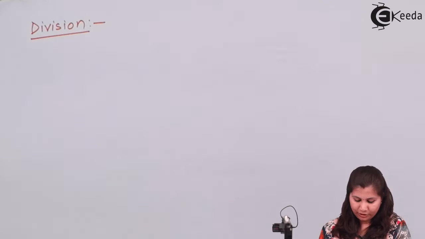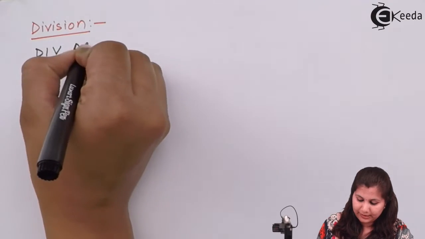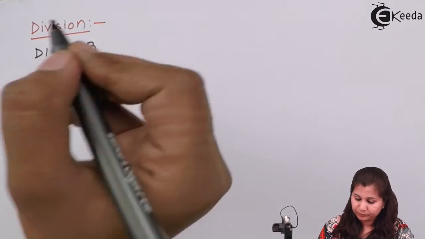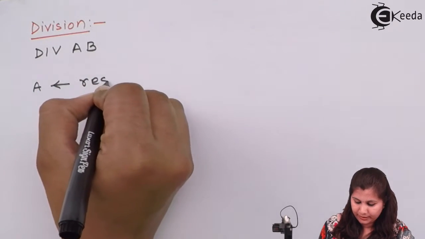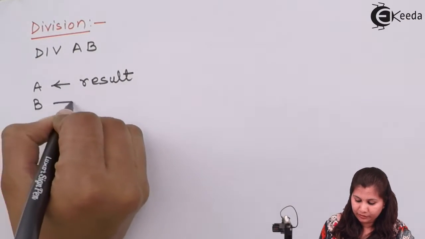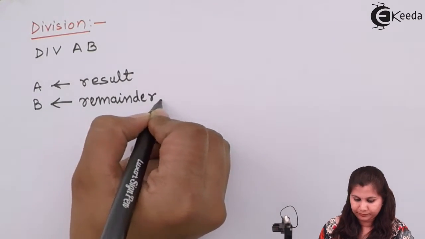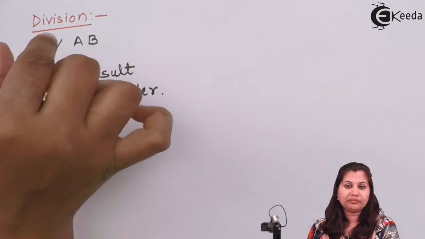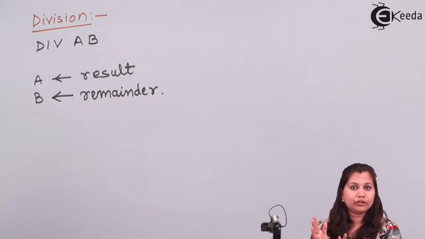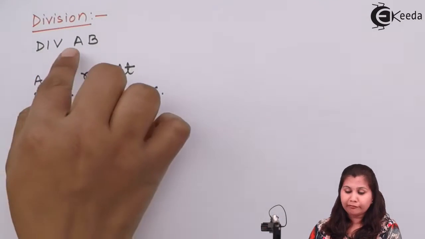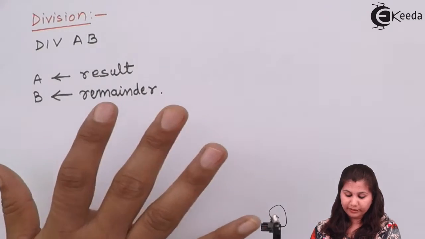Just like multiplication, we have the instruction DIV AB. When two numbers are divided, we get a result and a remainder. A and B will have the two operands, two 8-bit numbers. After the division, the result will be stored in the accumulator, and the B register will have the remainder.